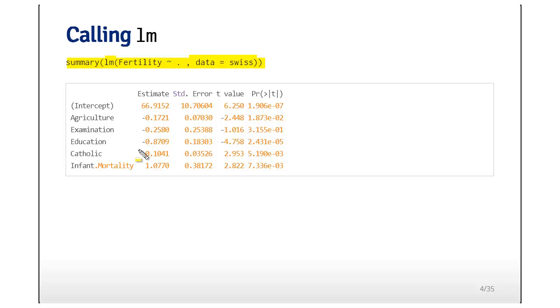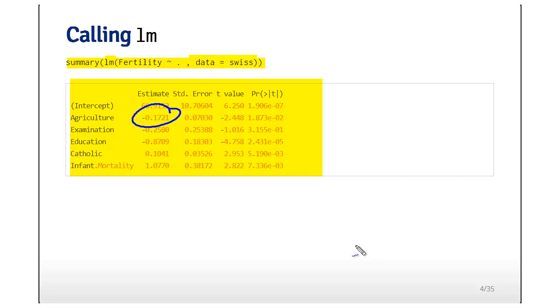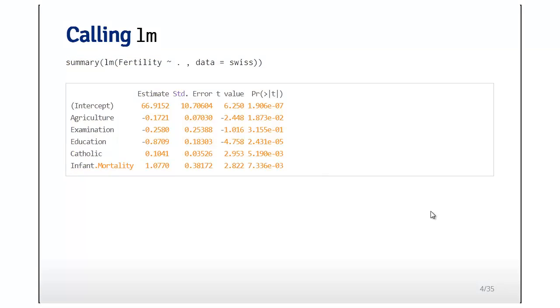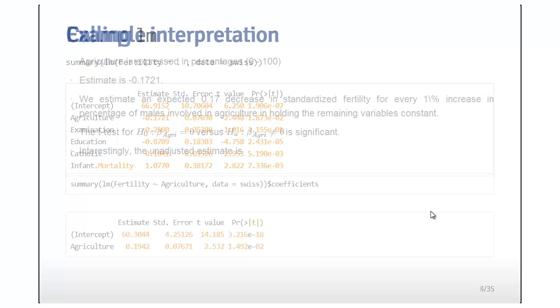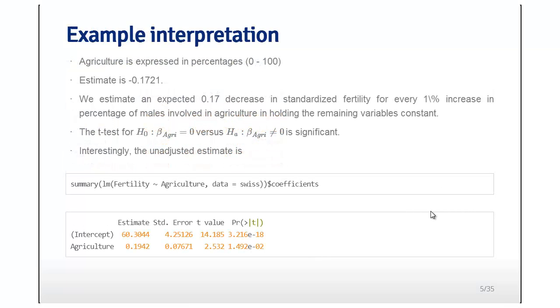And here's the table of coefficients, and I want to point you to this number, negative 0.1721, for agriculture. Let's focus on that number. Agriculture, remember, is expressed as a percentage, and the estimate is negative 0.1721.